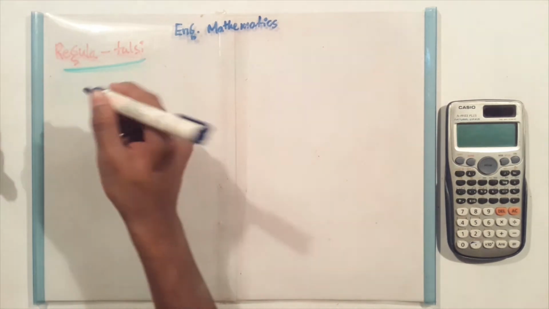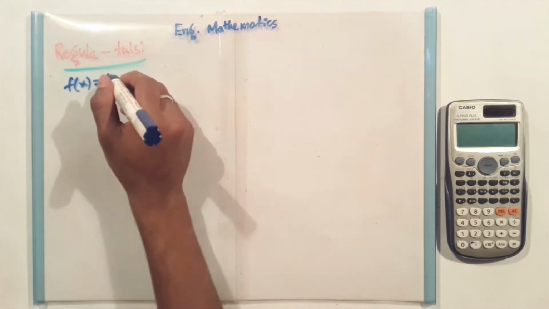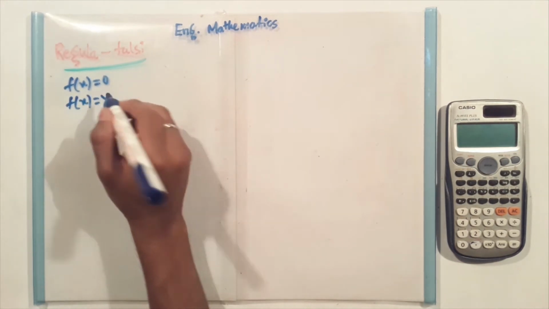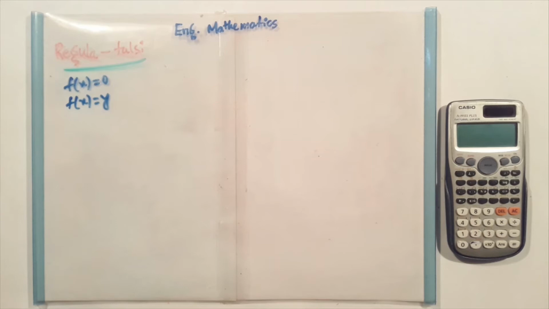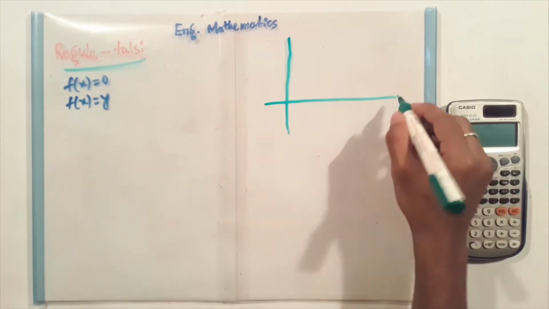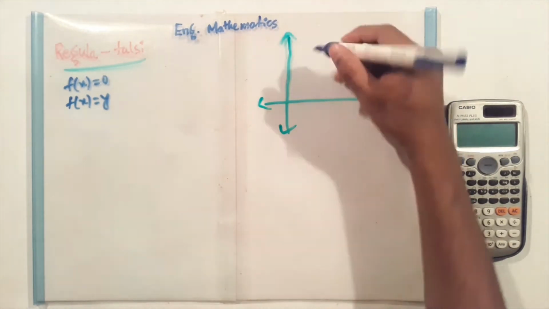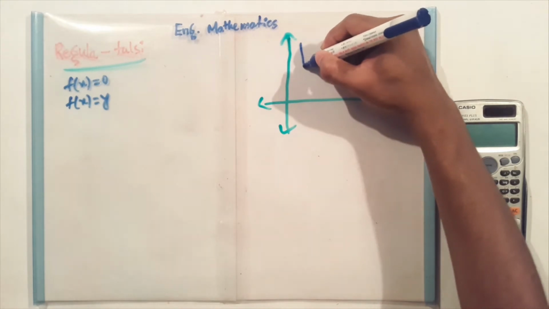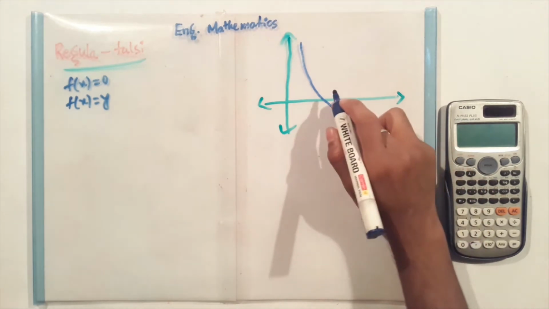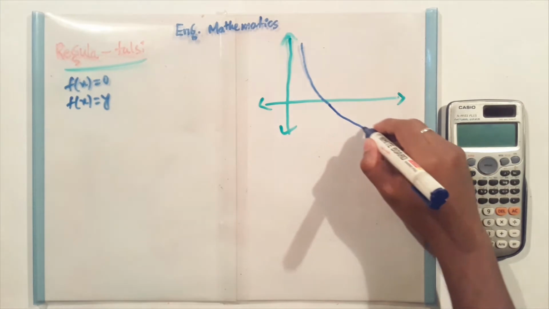Now let f(x) = 0 be our equation. First of all, we will convert this equation to a curve for better understanding. We will plot this in a coordinate axis. Let this be our curve.